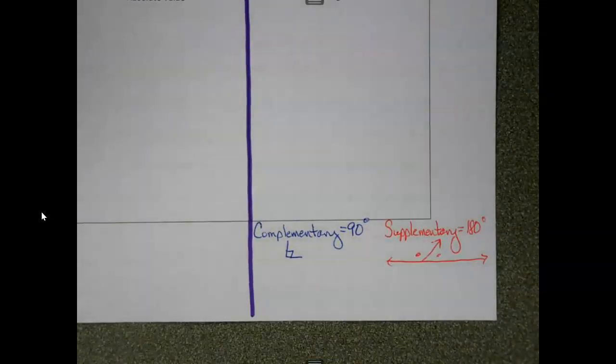Supplementary, when your two parts make a straight line, is 180. Maybe we should even say the add part, so we remember the add stuff.